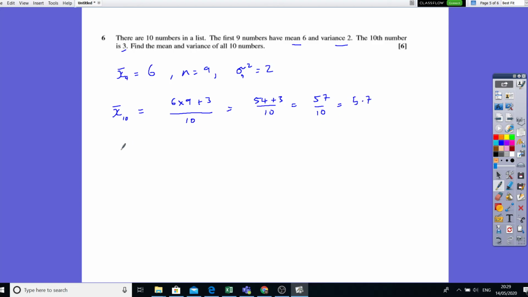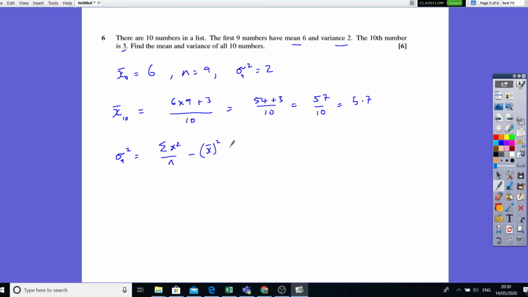Okay, that one's done. Now, the variance. First of all, we know the variance for the 9 numbers. The formula for the variance is the sum of x squared over how many there are, divided by n, minus the mean squared.